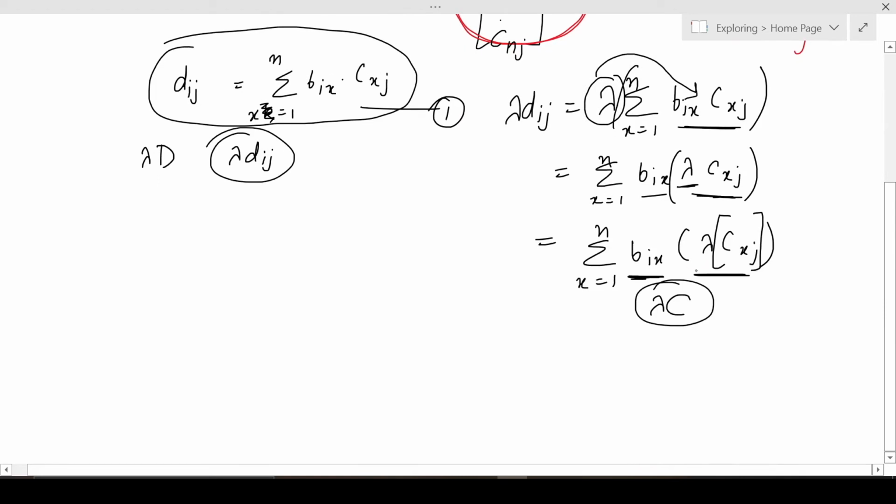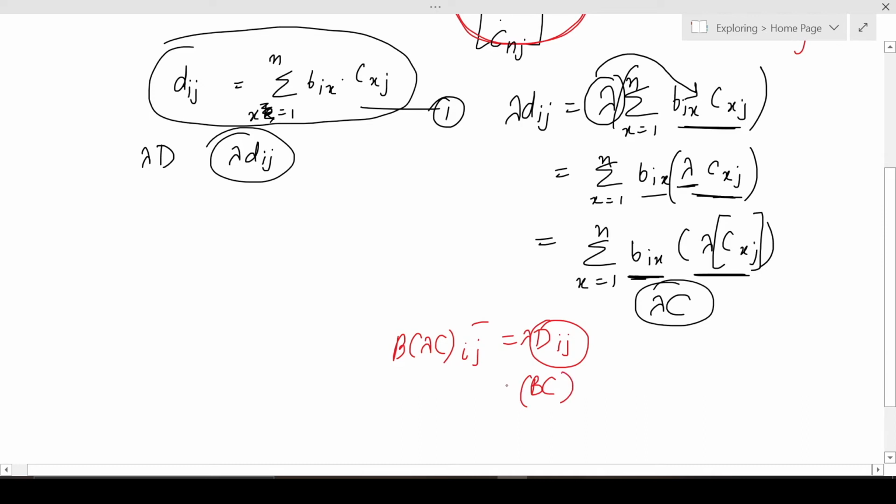By the definition of matrix multiplication, this is nothing but the entry in the ith row and jth column of b times lambda c, and this came out to be the entry in the ith row and jth column of lambda dij, where d was nothing but bc.